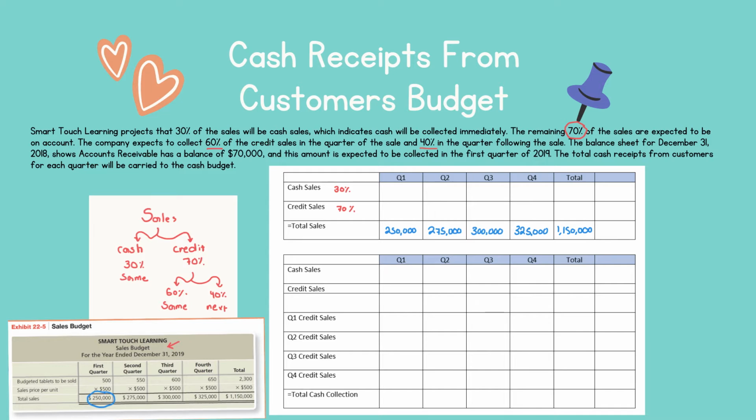Okay, so I'm going to multiply each one with 30% and 70%. So 250,000 multiplied by 30%, it's going to be 75,000. 250 times 70%, it's going to be 175.